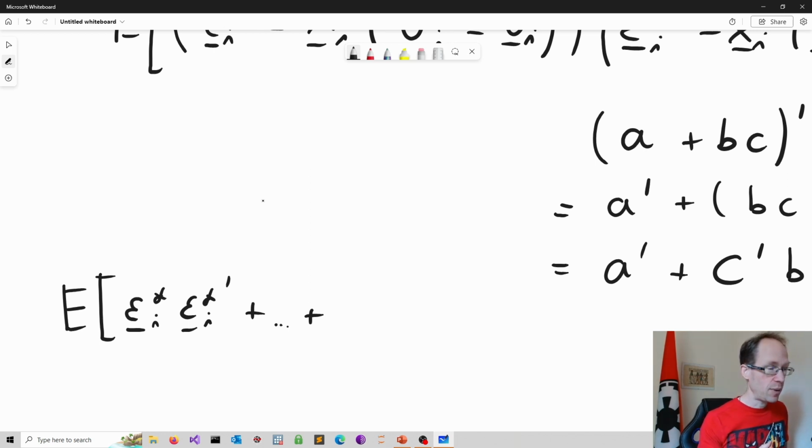So if you take an expected value of an error term times something else, this expected value should be equal to 0. This is pure random what you get in the error term. So that's basically it.